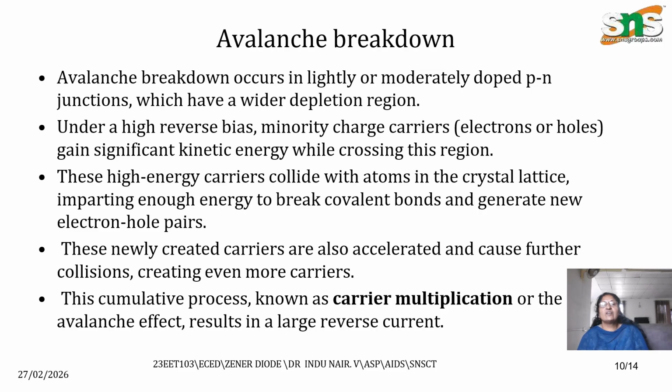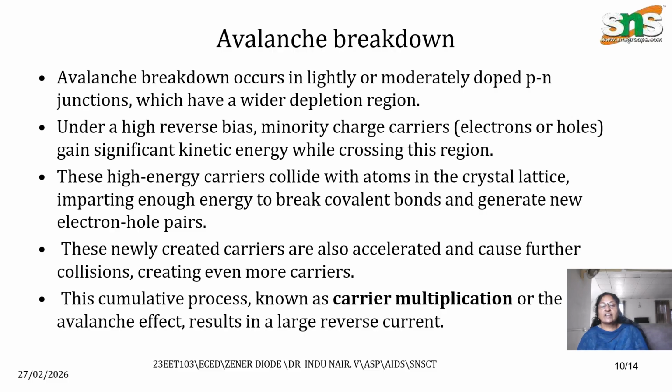Avalanche breakdown. Avalanche breakdown occurs in a lightly or moderately doped PN junction, which has a wider depletion region. Under a high reverse bias, minority charge carriers gain significant kinetic energy while crossing this region. These high-energy carriers collide with atoms in the crystal lattice, imparting enough energy to break covalent bonds and generate new electron-hole pairs.